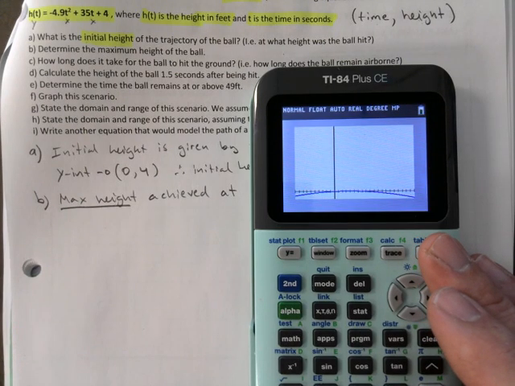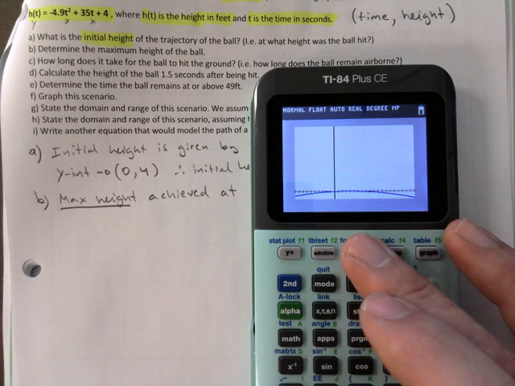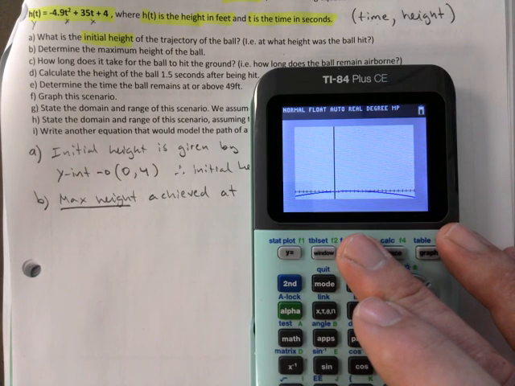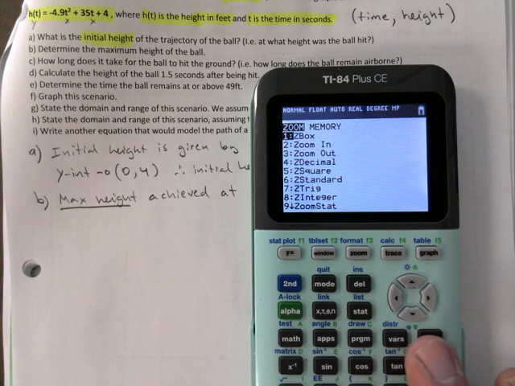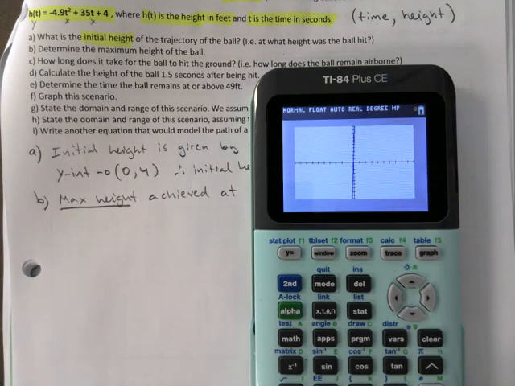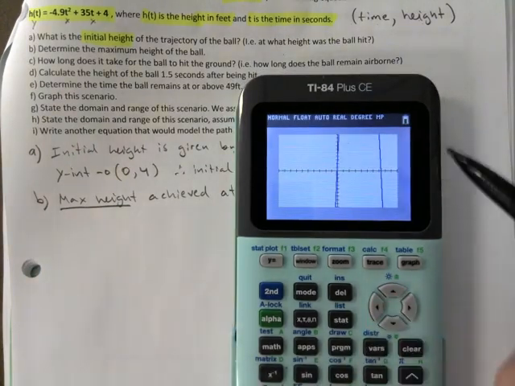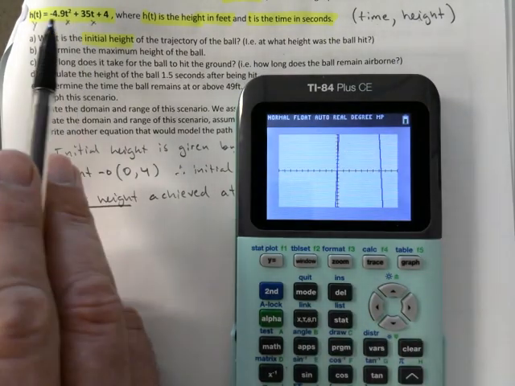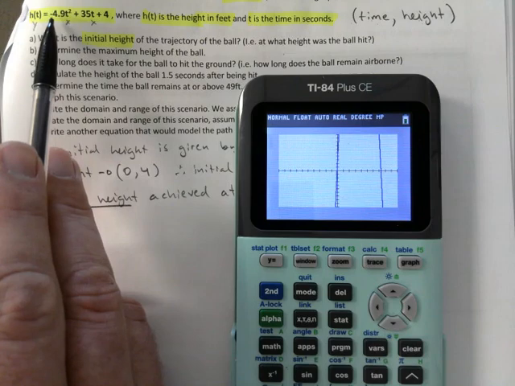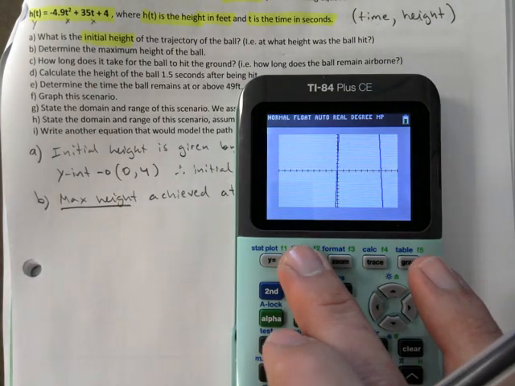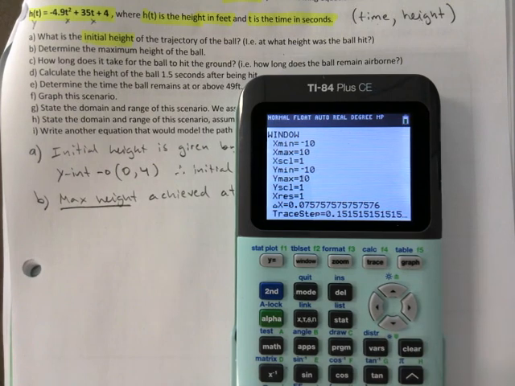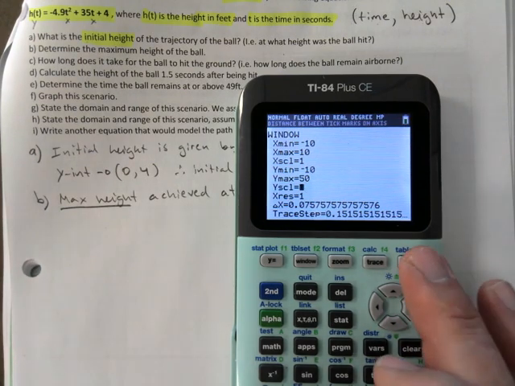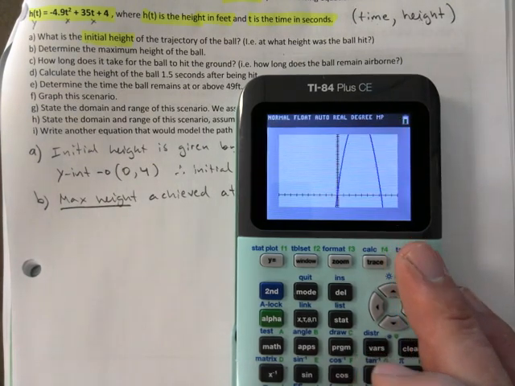My window is terrible, so I'm just going to go zoom 6 for now. You remember zoom 6? It's zoom standard. That's better. We expected it to be pointing down because it's negative. So I'm just going to increase my y max a little bit. I'm going to go 50 for now. Let's see if that does the trick. Not yet.